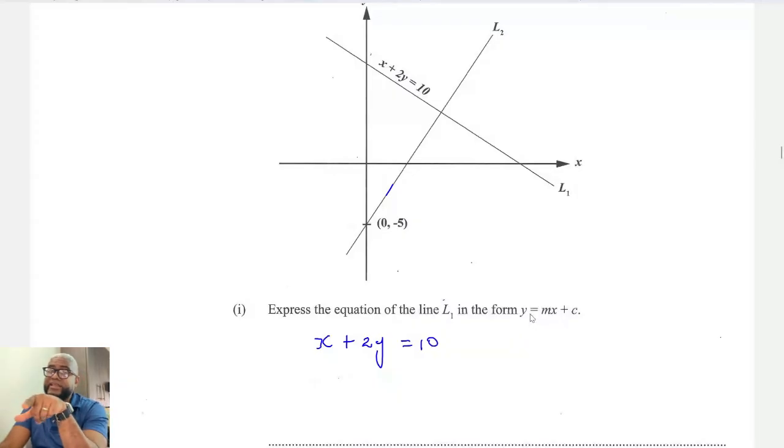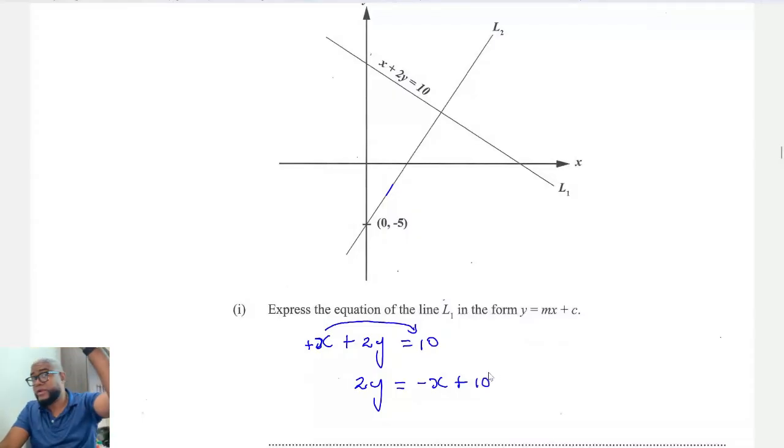If you want to write it in the form y is equal to mx plus c, what's the first thing we have to move? Let's move the x. When x moves to the other side, it becomes negative x. I'm leaving 2y here, and I'm putting the negative x first because I want it in the form mx plus c. Now what sign is understood in front of this 10? It will be plus 10.